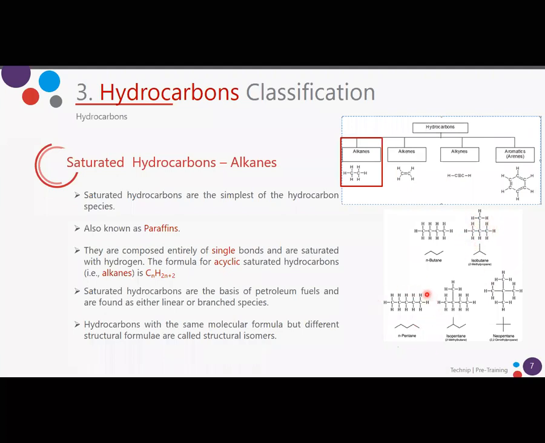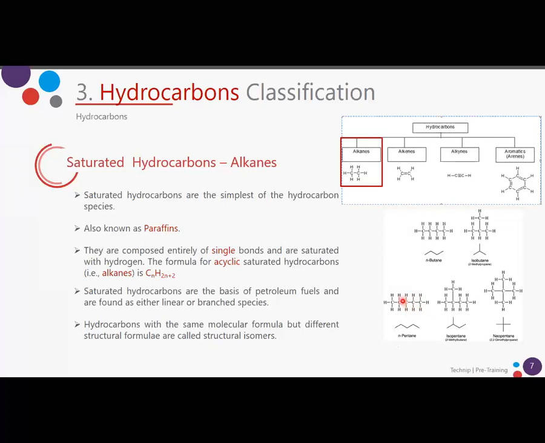Also here we have another example of the alkane. We have the n or normal pentane, that is the linear alkane, where you have the 5 carbons. You see you have the 4 bonds in each carbon.